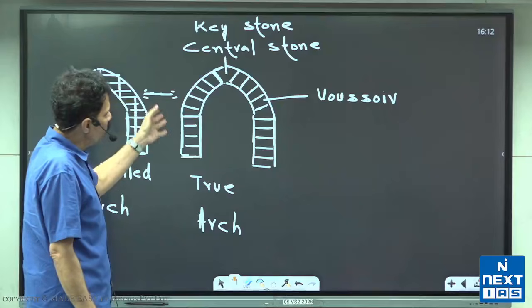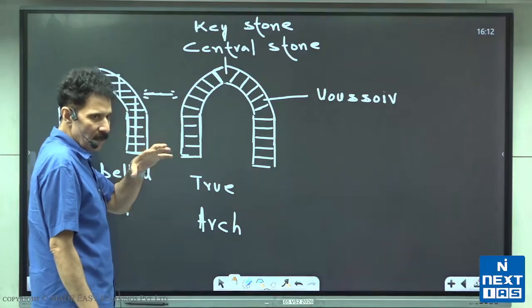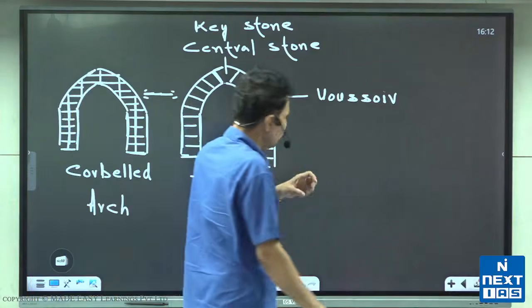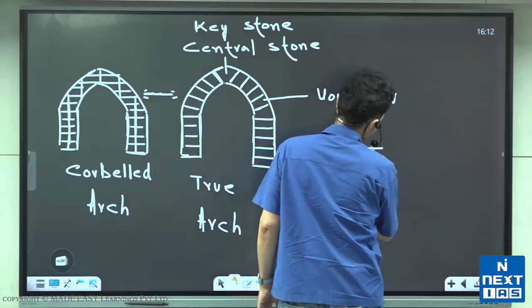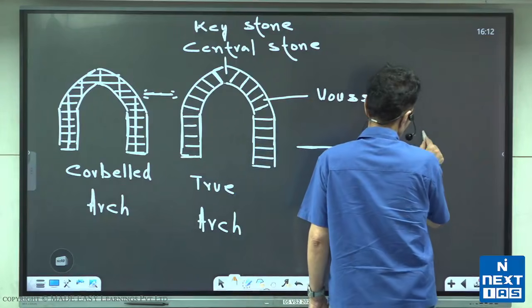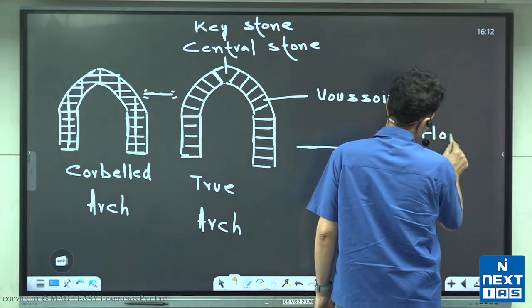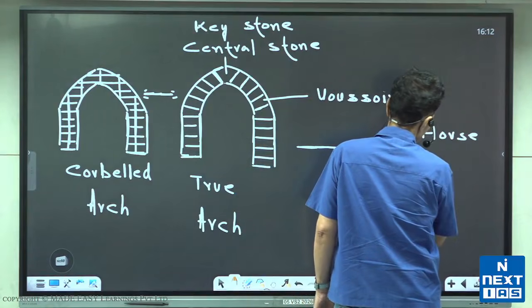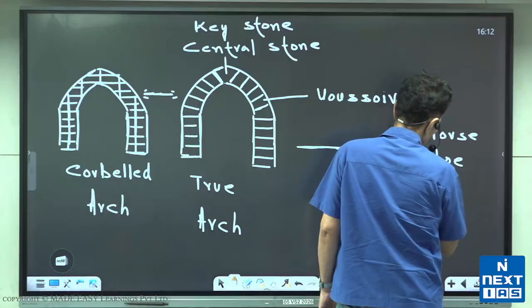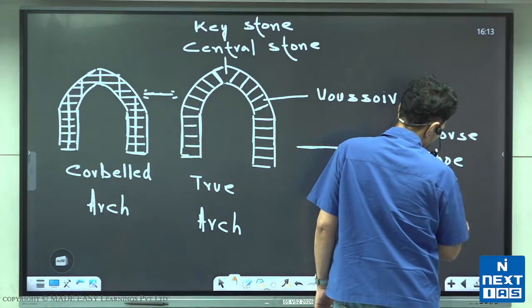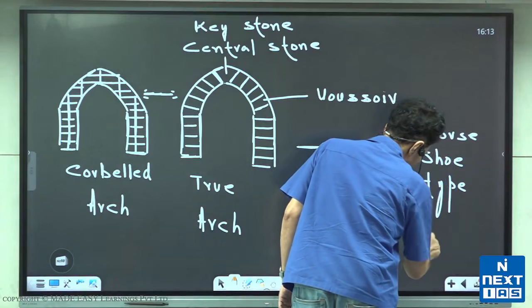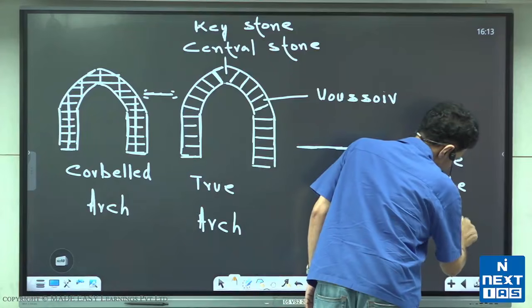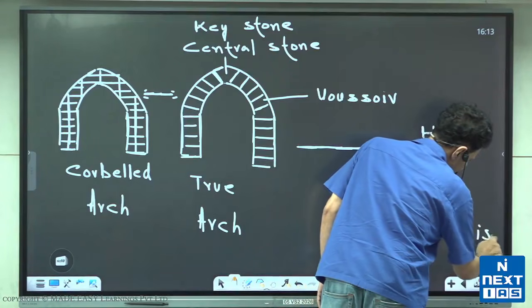A variety of pointed arch emerged under the Khaljis, what is known as the horseshoe type.